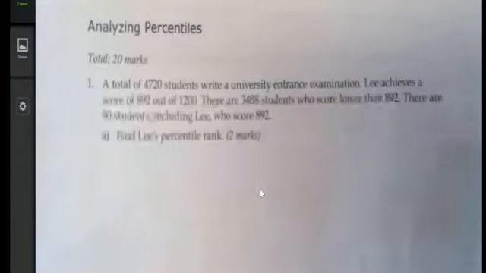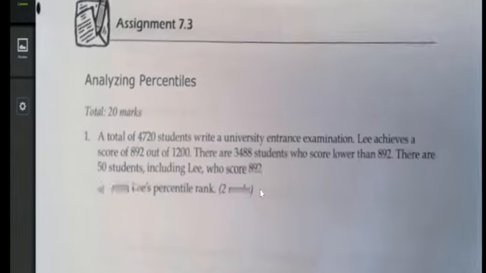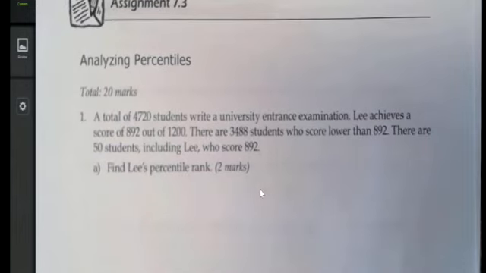We'll be doing the entire assignment, analyzing percentiles. You'll find it on page 81, begins on page 81. It's worth 20 marks. Your third hand-in assignment for this unit.